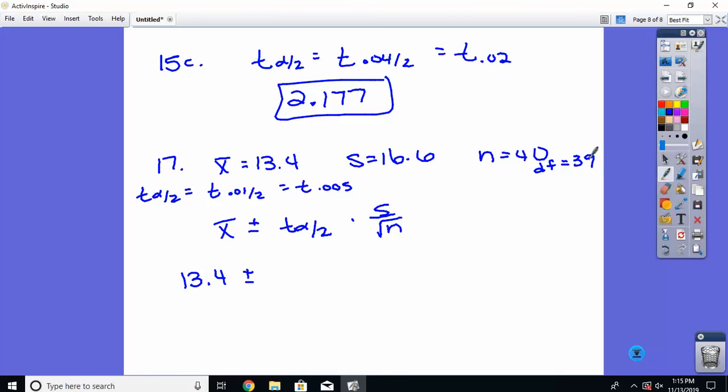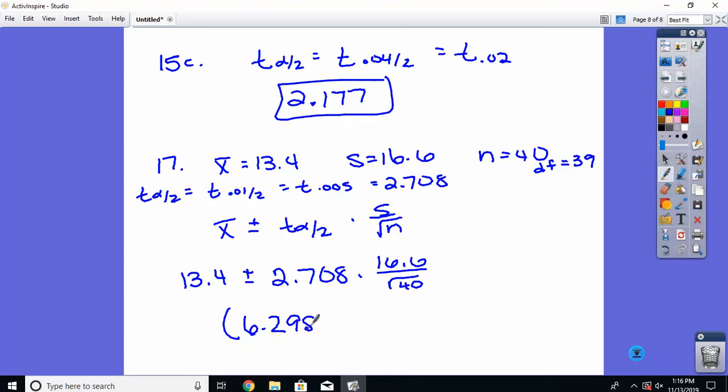Okay, so you're going to go to your T table, 0.005 and 39 degrees of freedom, and you get 2.708. So we have X bar plus or minus 2.708 times S over the square root of n. You use n here. It's not the degrees of freedom. It is just your n value. And then you should get your window.